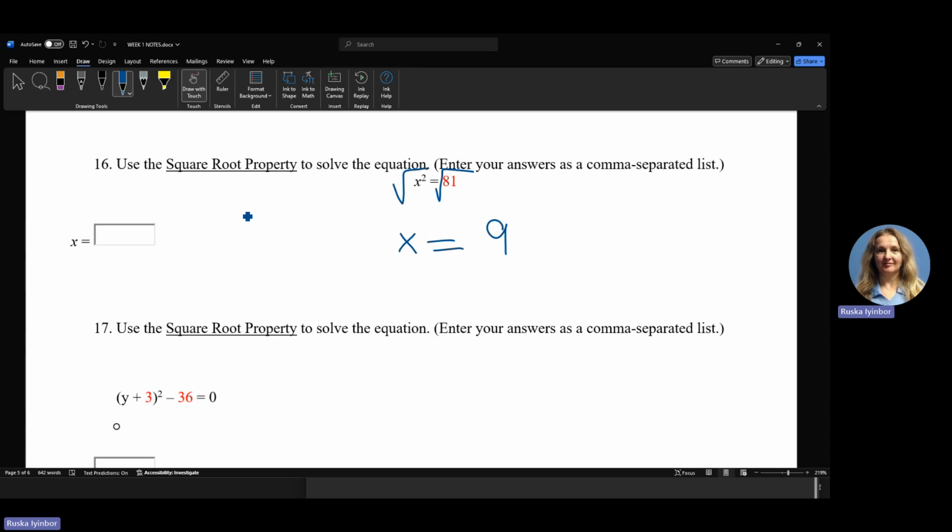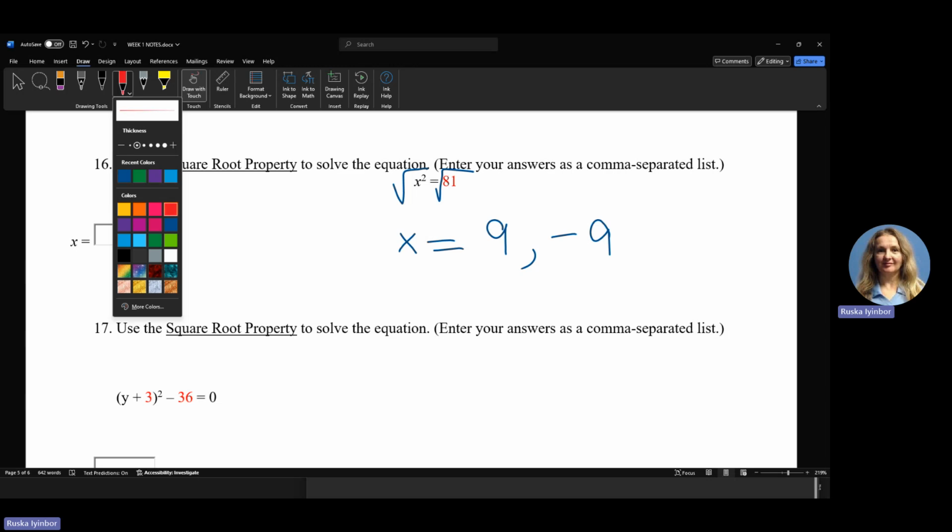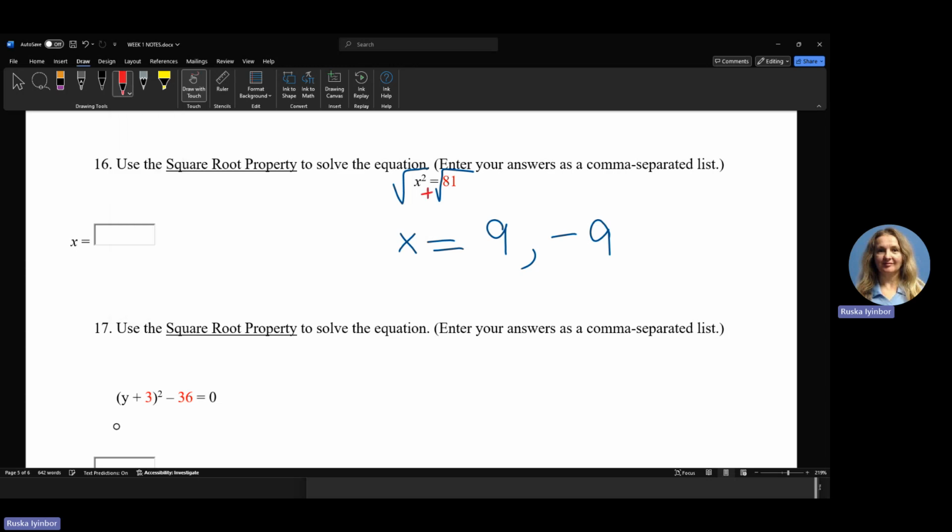It's going to have 2 solutions. So one of them is 9, and what is going to be the other one? Negative 9. Good job. It's going to be negative 9 because negative 9 times negative 9 is also positive 81. Everybody understand that? So what you need to remember is if you take the square root, you always have to put positive or negative on the number you get.